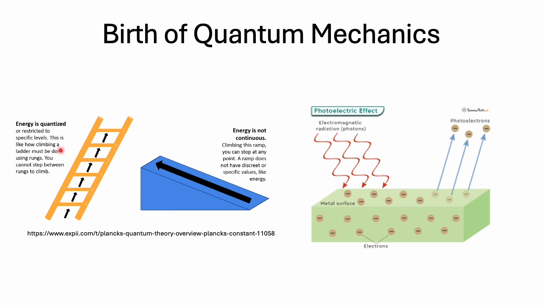However, in the quantum approach, energy levels are quantized. We can illustrate this like a staircase wherein particles can only occupy specific or discrete energy levels, where you can stand only on the steps, not between them.